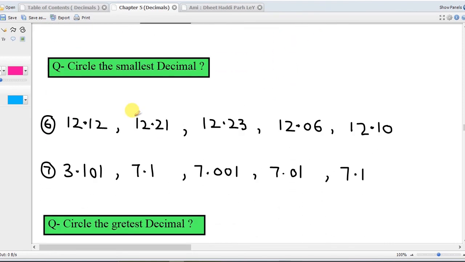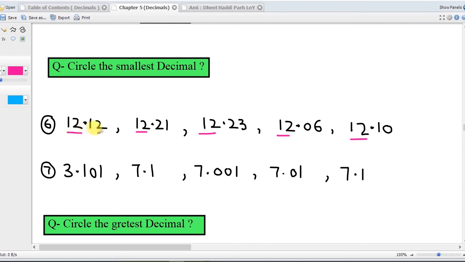Next, circle the smallest number. Now we have to circle the smallest number. In question number 6, before the decimal point, all these numbers are 12, 12, 12, 12, 12. It means now we have to look at the next digit after the decimal point.